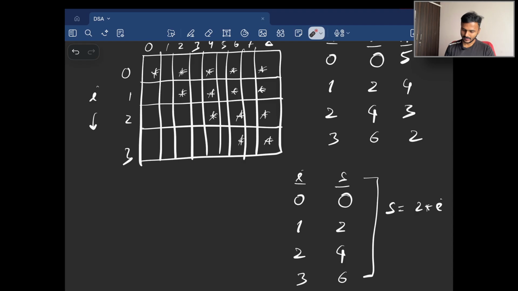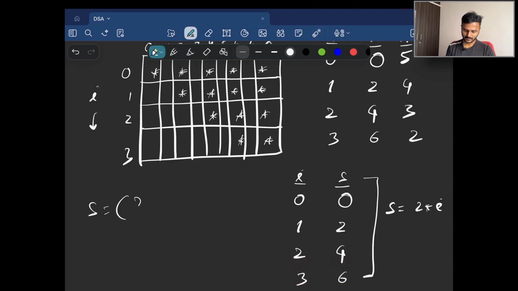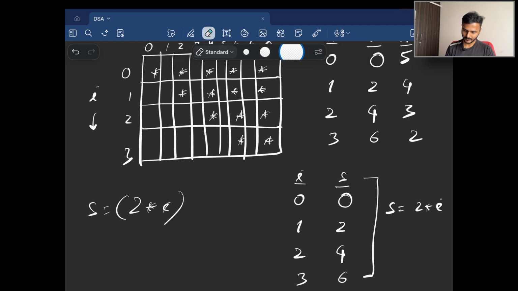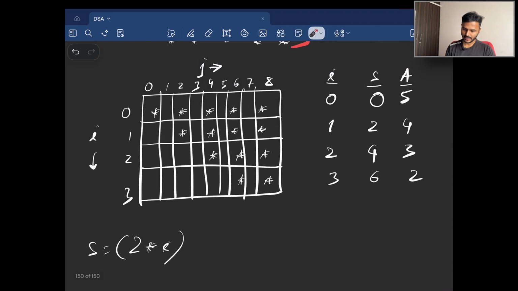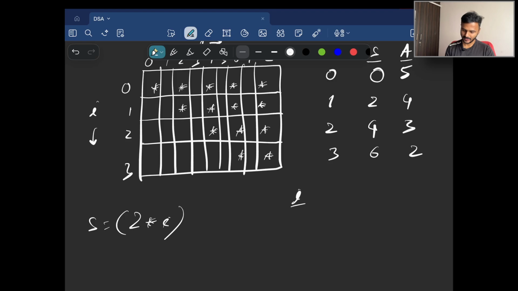See, I is 0, number of spaces is 0. I is 1, number of spaces 2. I 2, 4, 3, 6, right? So for the number of spaces, all we will have to do is this. So let me remove this from here. Now let's focus our attention on I and A, and let me quickly write the values of I and the corresponding values of A separately.